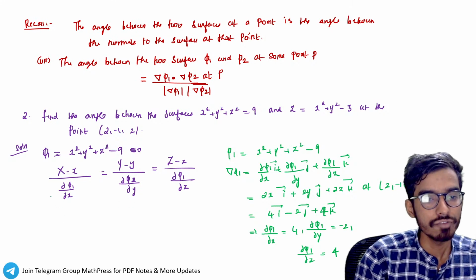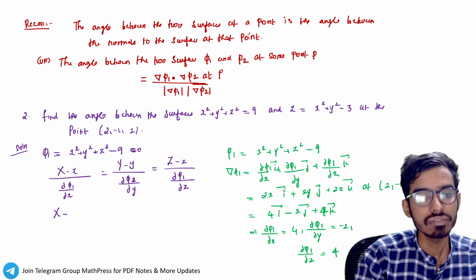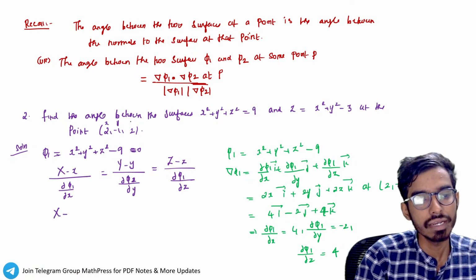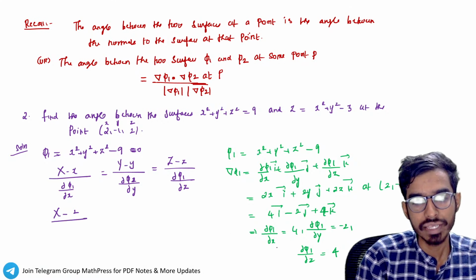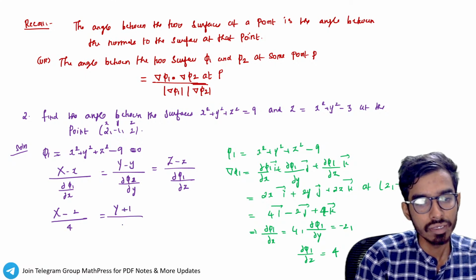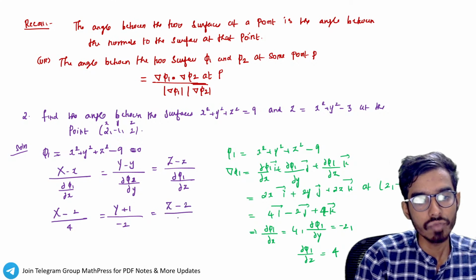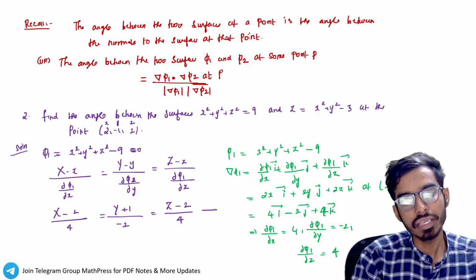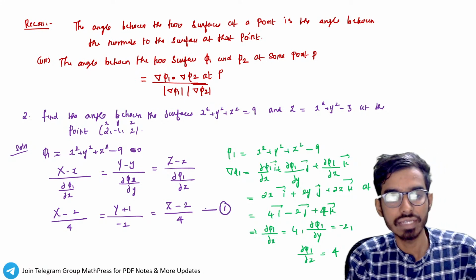Therefore, what is the equation of the normal? It will be (capital X minus 2) divided by dou phi1 by dou x, which is 4, (capital Y plus 1) divided by minus 2, (capital Z minus 2) divided by 4. So this is the equation of the first normal line.